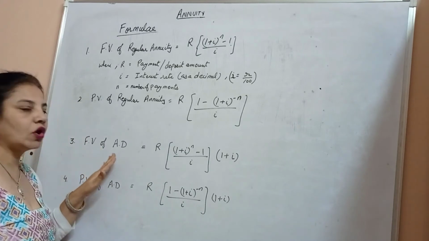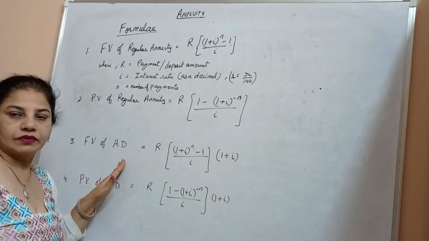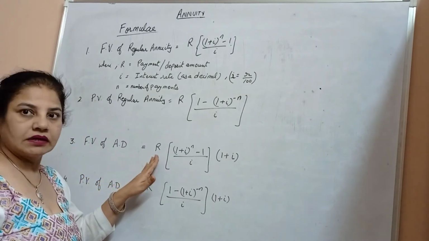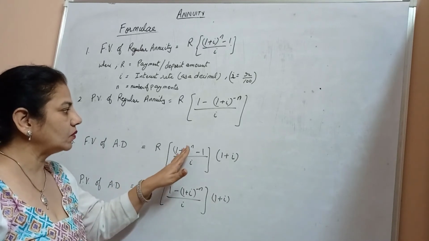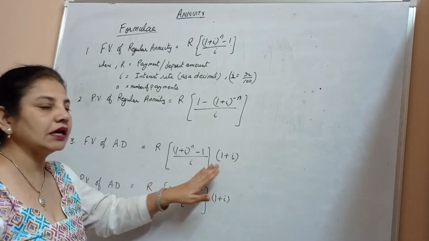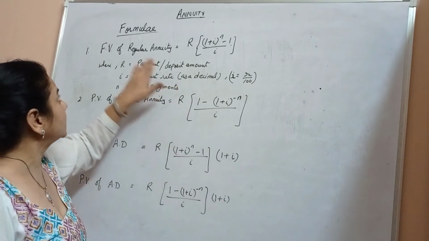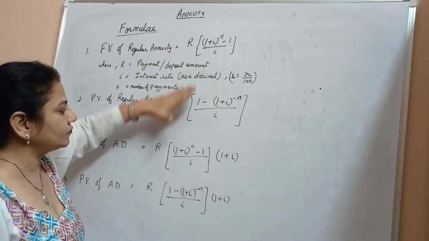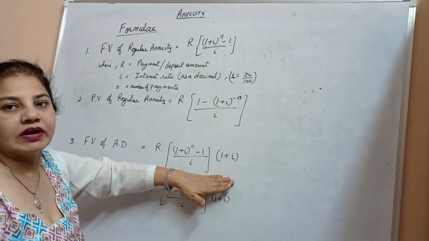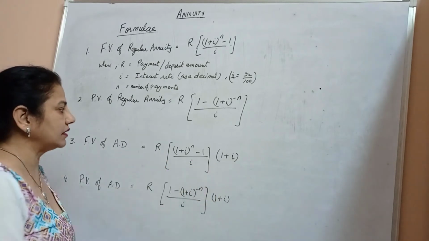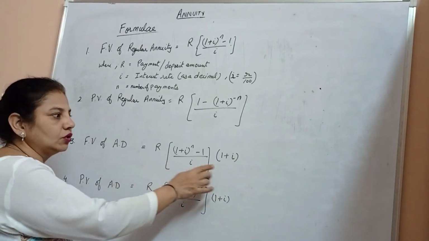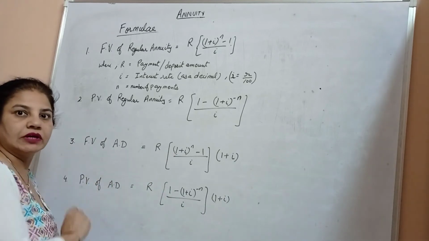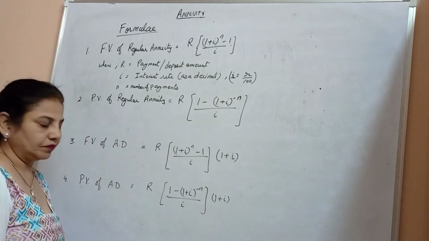Then the future value of an annuity due is given as R times (1 plus i) to the power n minus 1, upon i, into (1 plus i). See, it is the future value of a regular annuity into (1 plus i), which equals the future value of an annuity due.